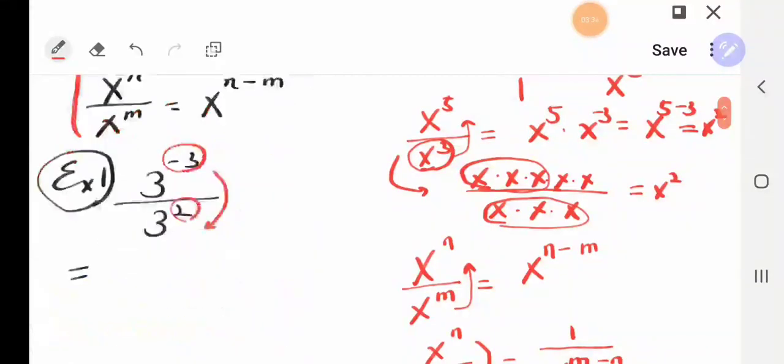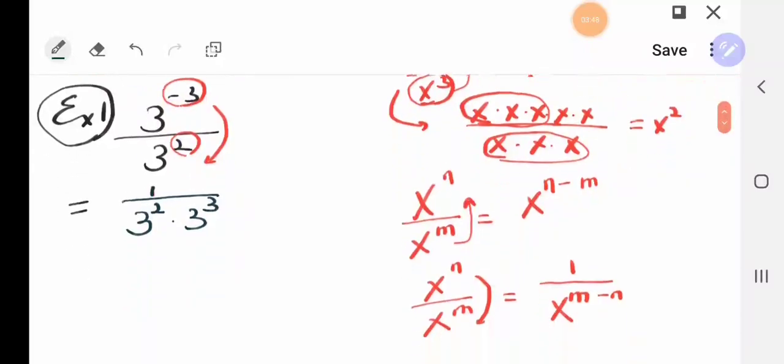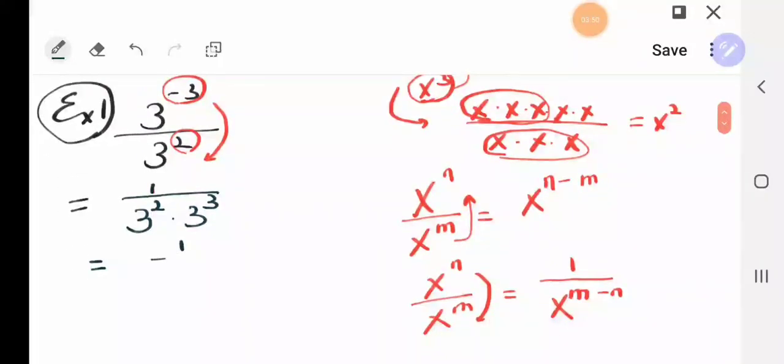The numerator becomes 1, and the denominator is 3 squared, and then moving negative 3 to the denominator becomes positive exponent 3. So this is equal to 1 over 3, and then add the exponents, 2 plus 3, so that is equal to 1 over 3 to the 5th power.